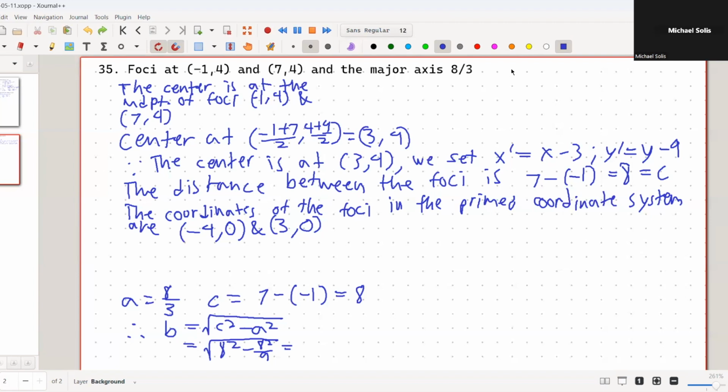Yung 7, 4, using the same transformation equations becomes, so x prime is 7 minus 3. So ano yung 7 minus 3? Kaya okay na may table ganyan ng coordinates na primed and unprimed para ima-match mo talaga.